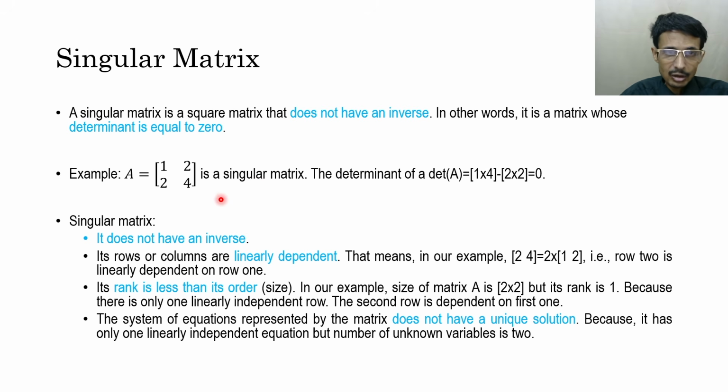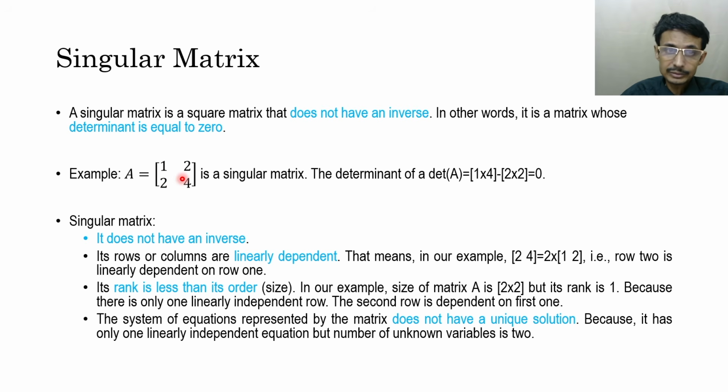Now it has a lot of implications. The system of equations represented by this matrix doesn't have a unique solution, because we require two linearly independent equations to find two variables.